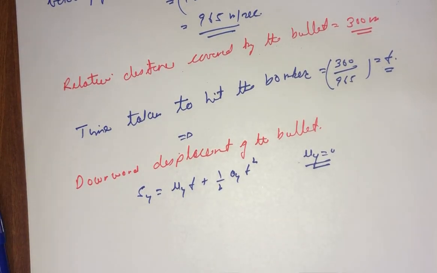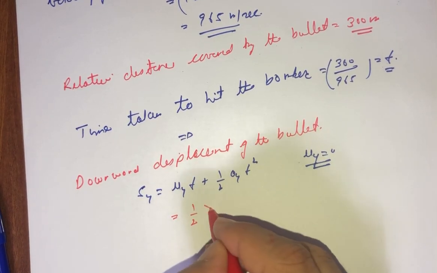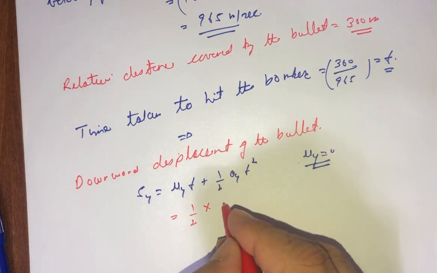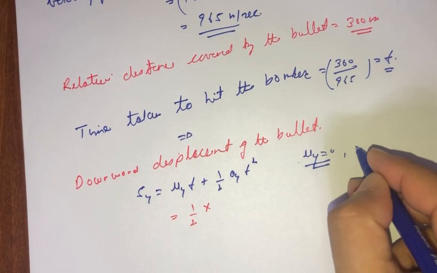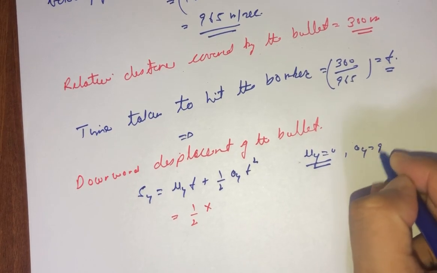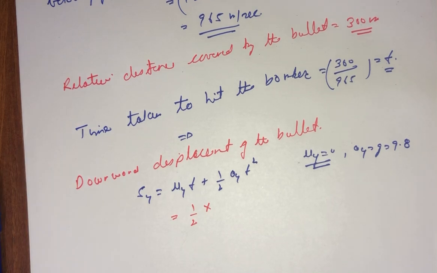So this will be equal to half Ay T square, where Ay equals g, which is 9.8, acting in downward direction, so that will be positive.